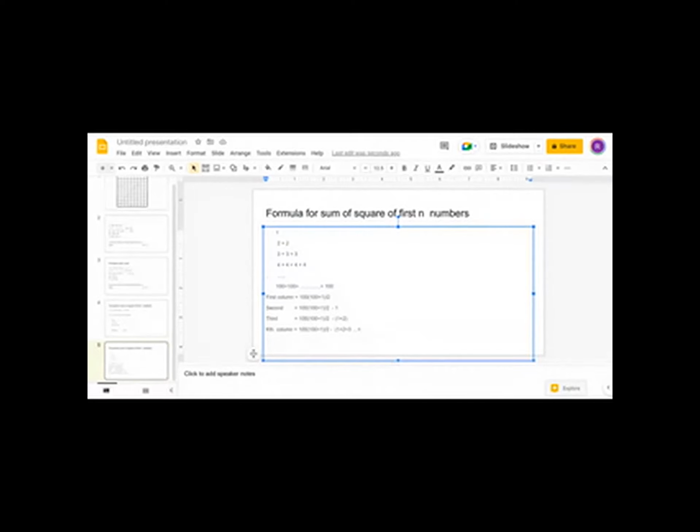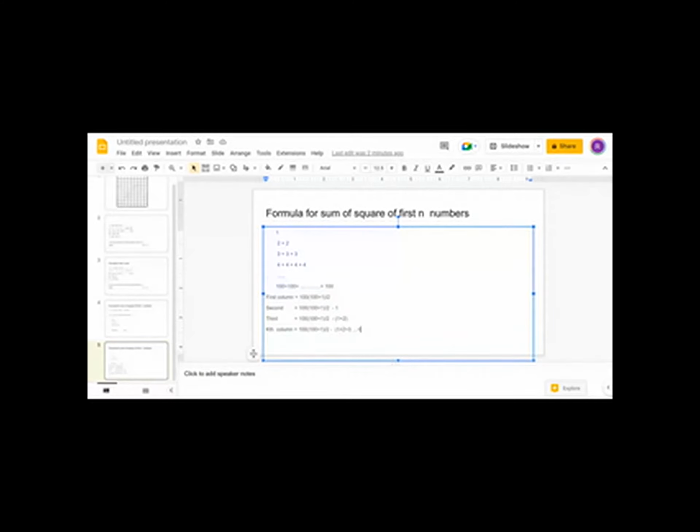The third column is 3 plus 4 plus so on. The kth column is starting from? The fifth column starts from 5, exactly. So it will be 5 plus 6 till 100.